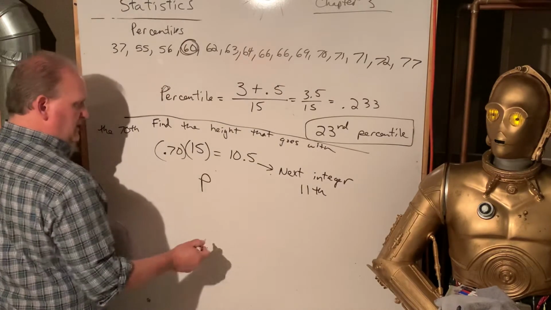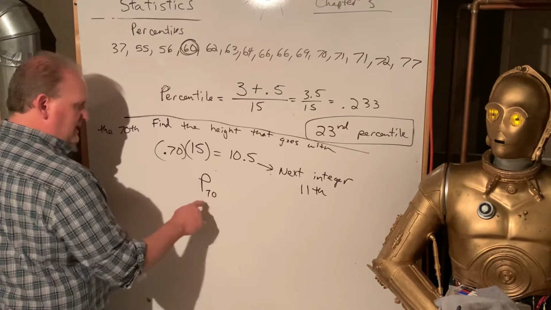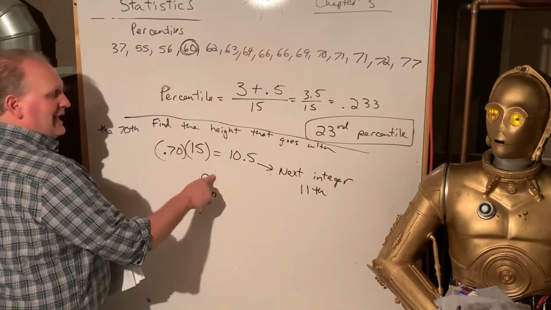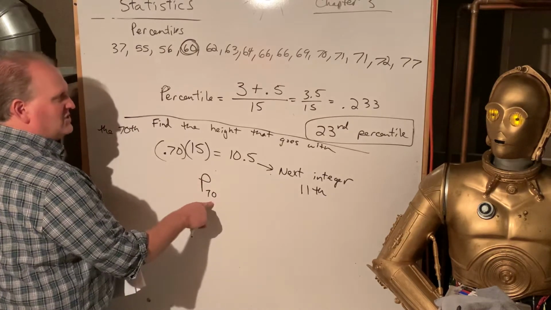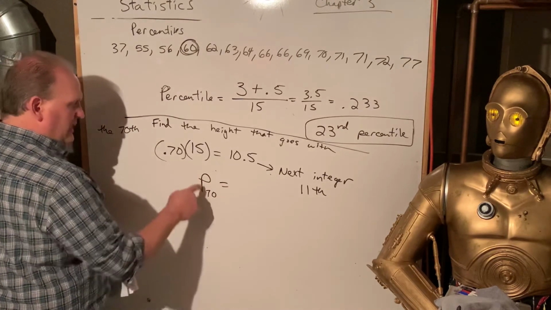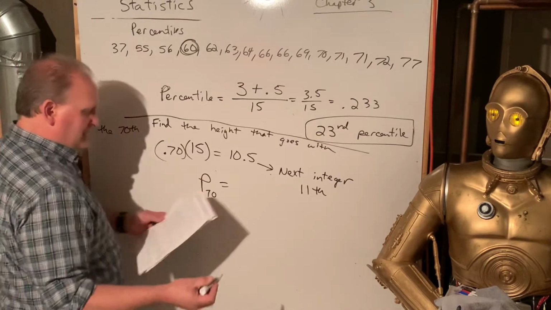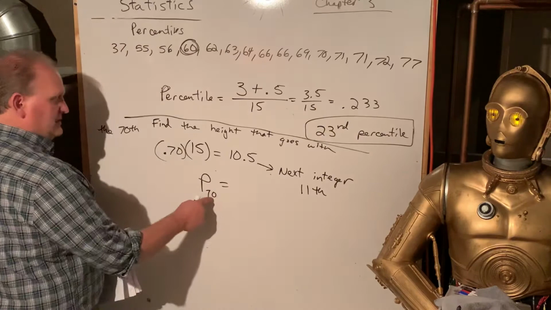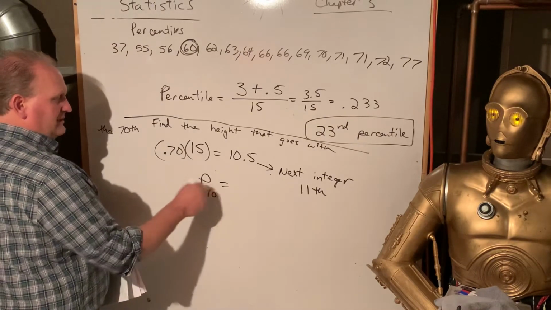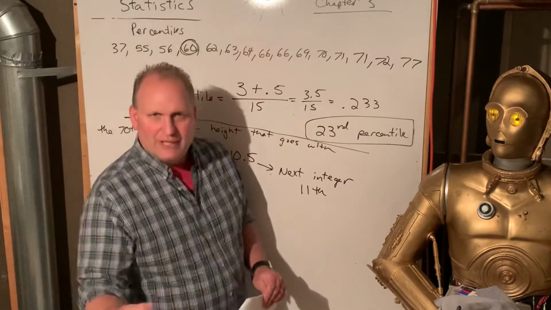So we'll say percentile sub 70. That little sub isn't like a power where it actually does something. It just means I want to use percentile, but I want to attach some value to it. So I want to use P again. So P sub 70 just means that's a value. It doesn't have any mathematical meaning, it's not like square root or square or anything like that.